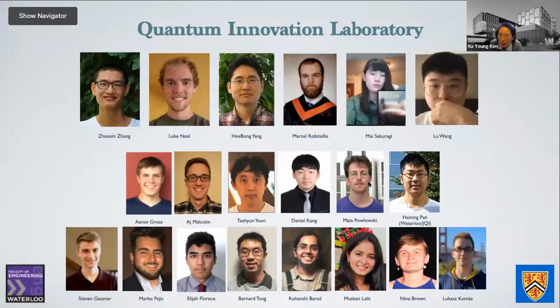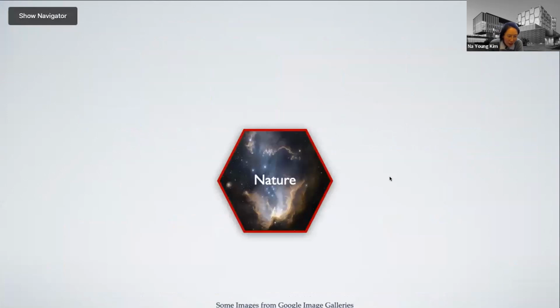Now, these are my current and past members of the Quantum Innovation Laboratory working on many different projects. We like to contribute to the community by exploring fundamental properties as well as working towards scalable quantum systems based on semiconductors and solid-state materials by utilizing quantum and nanotechnologies. As a physicist and engineer, I'm truly thankful for appreciating the beauty and the wonder of nature. In particular, from my training, I'm a physicist.